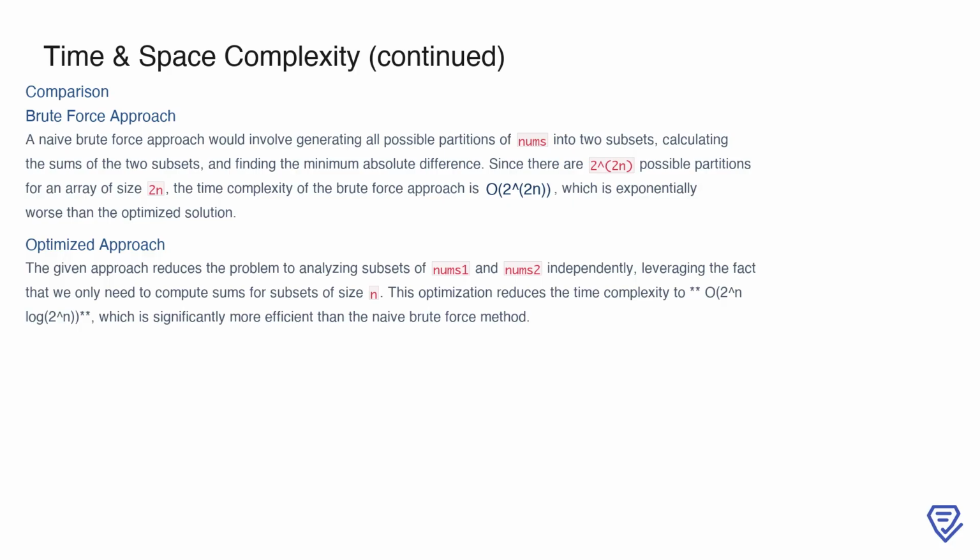In contrast, the optimized solution focuses on subsets of nums1 and nums2 separately, reducing the problem's scope to subsets of size n. This drastically reduces the time complexity to 2 to the power of n log 2 to the power of n, making the algorithm far more efficient and practical for real-world use cases.